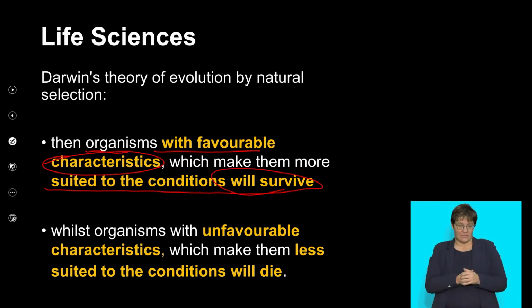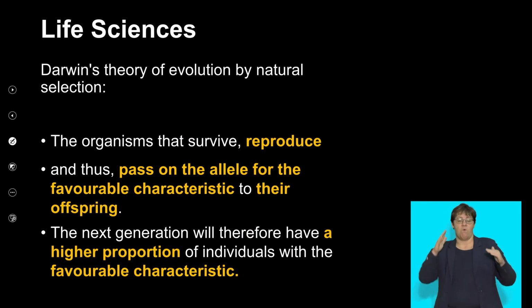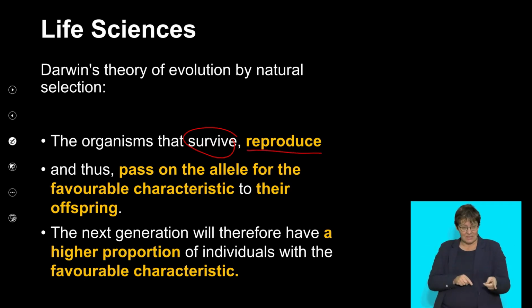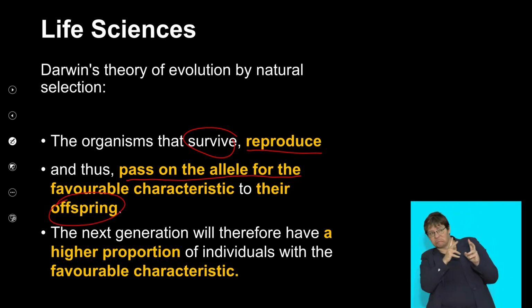Gradually, those individuals with the unfavorable characteristics, their numbers decrease and they are most likely to die to a point that their numbers become significantly low. We then say that the organisms that have survived, the darker colored mice, again reproduce, pass down those alleles to the next generation, leading to the offsprings having more of that specific trait.